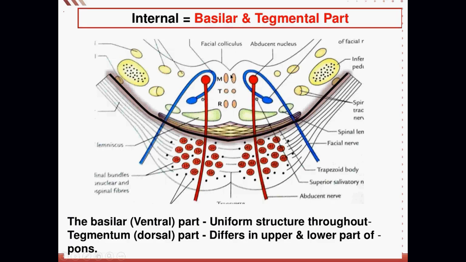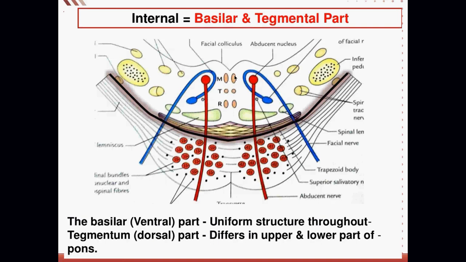The medial longitudinal fasciculus contains fibers from the vestibular nucleus, and it contains the crossed, uncrossed, ascending and descending fibers of the vestibular nuclei.